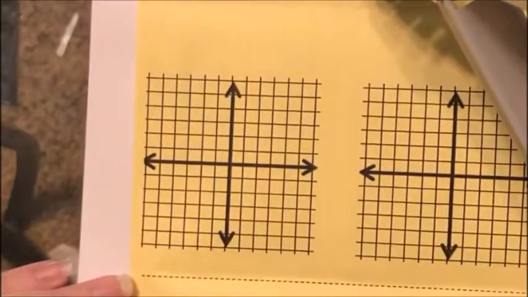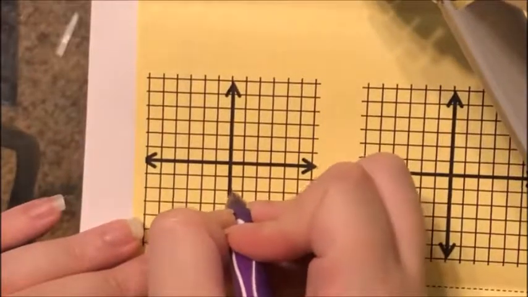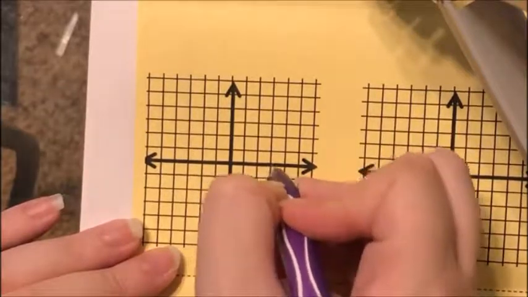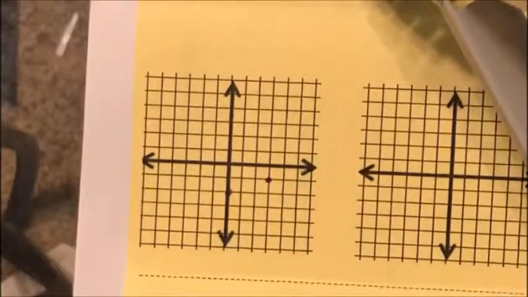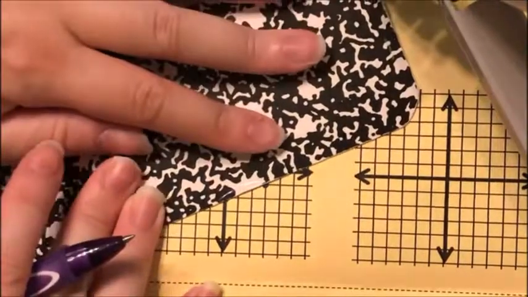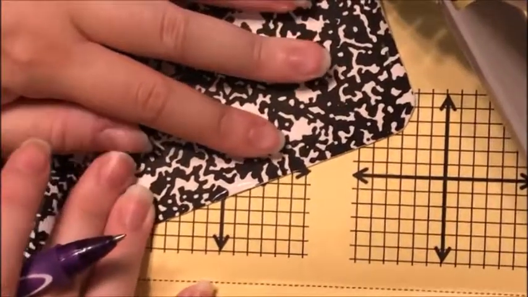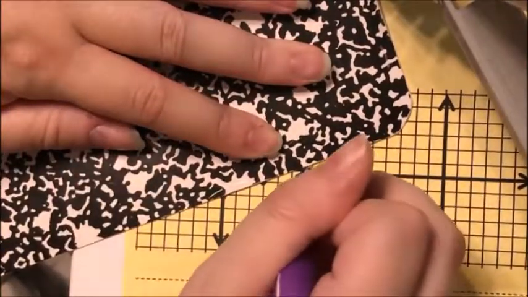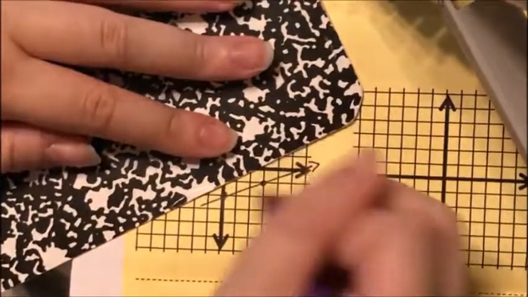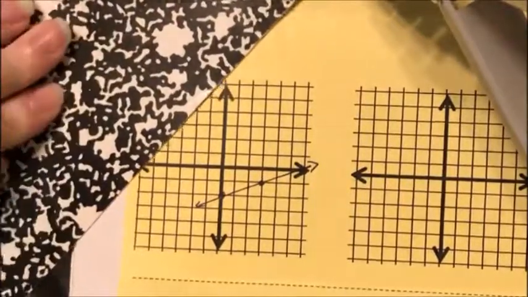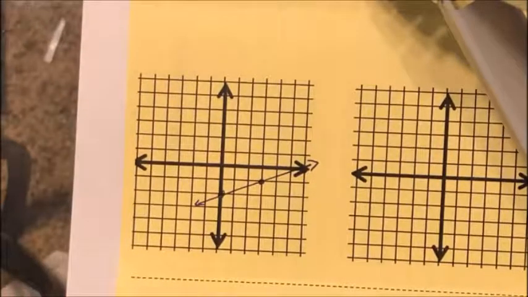So my first equation, start at minus 2, and I go up 1 over 3, up 1 over 3. So there's my first equation.